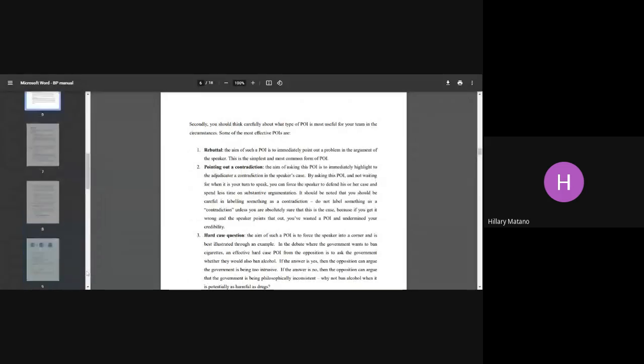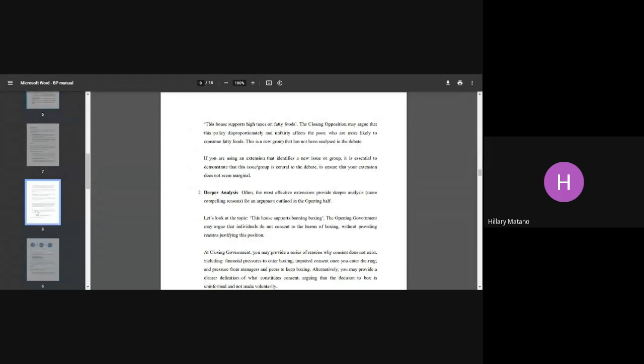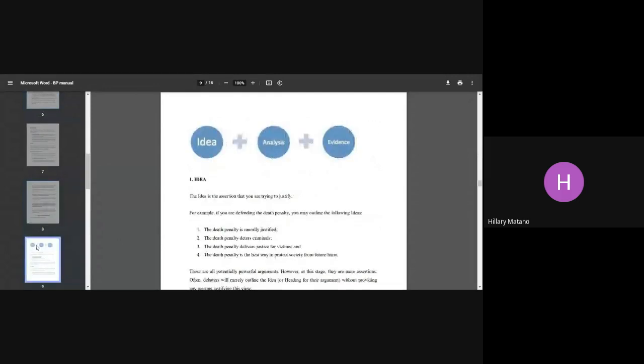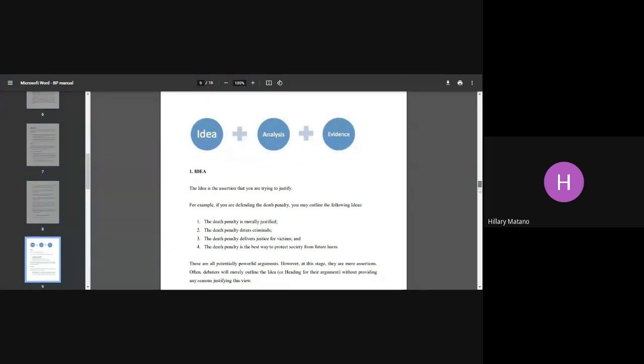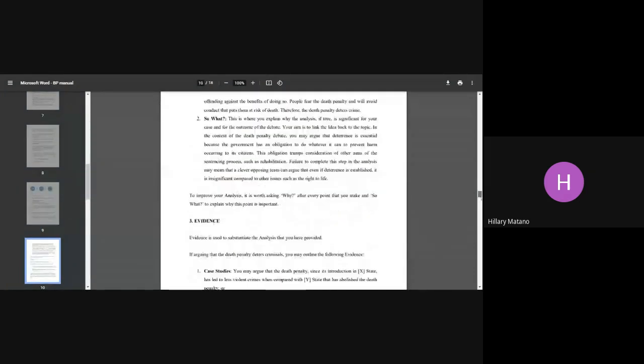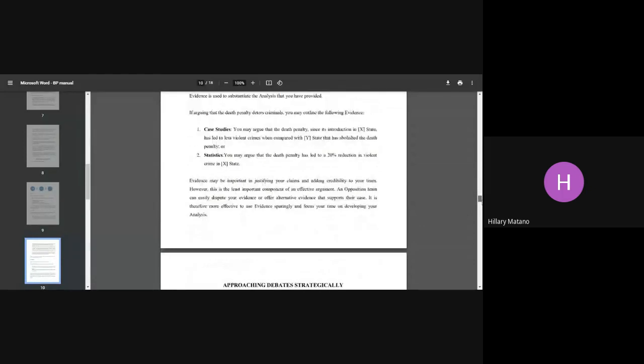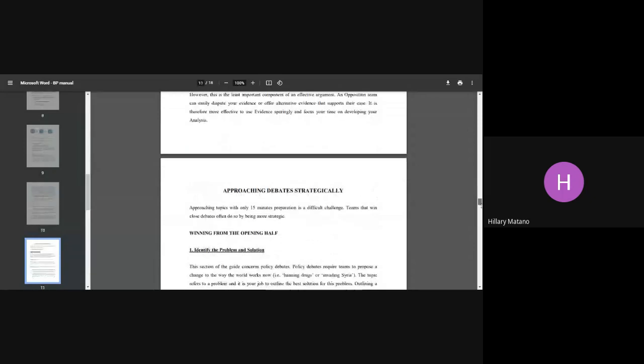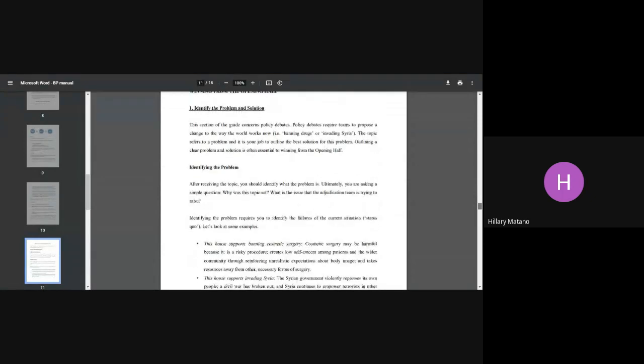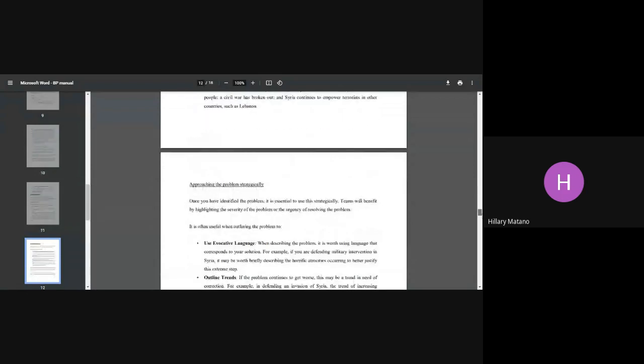Having looked at the roles, the motions for debate in the British parliamentary format are always structured in a particular manner. The starting of the motion can be structured as THW. This translates to This House will. And then we have THBT. This House believes that.